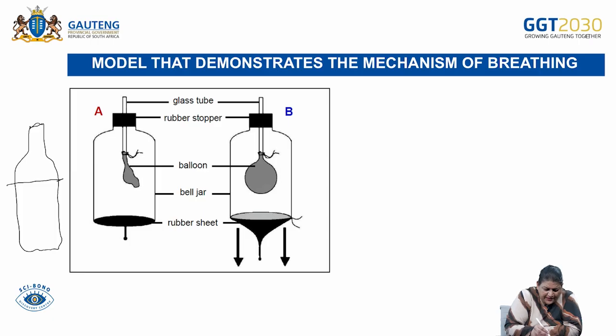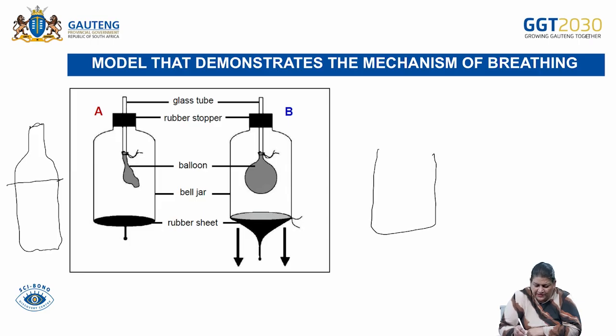Here's the opening, okay? So now what you can do is you can make a simple one by just taking the cut part of the Coke bottle here, right? And you flip this downwards like that. Okay, this part here. And then you're going to take small little straws and attach straws there like this. Okay, and you're going to insert it in here.